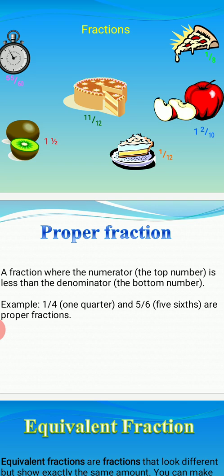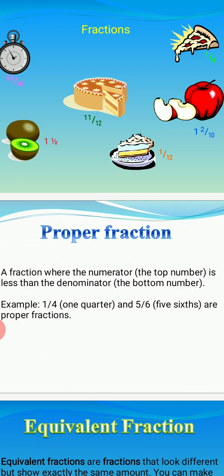Numerator less than denominator is proper, and numerator more than denominator is improper.